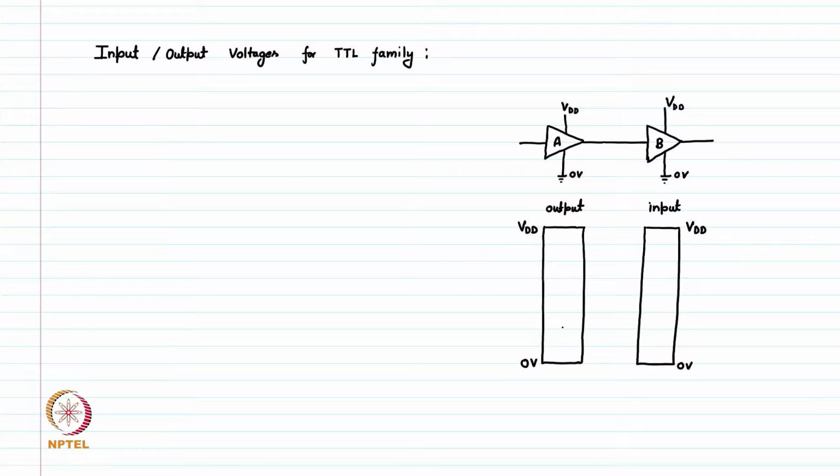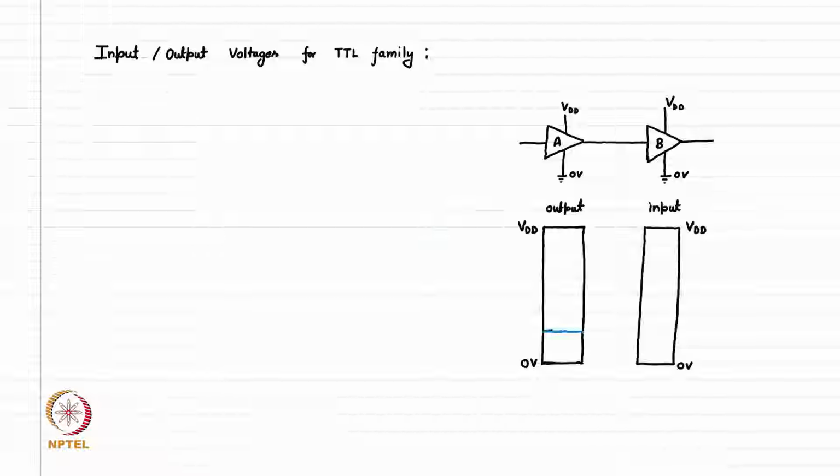Now, we are saying that due to the technology used, whatever technology we are using, exact 0 volt is not possible. The logic low will be a low value, but not necessarily 0 volt. It can be up to a certain point. Let us say this is the level where the output can be, based on the small R1 and R2 ratio.